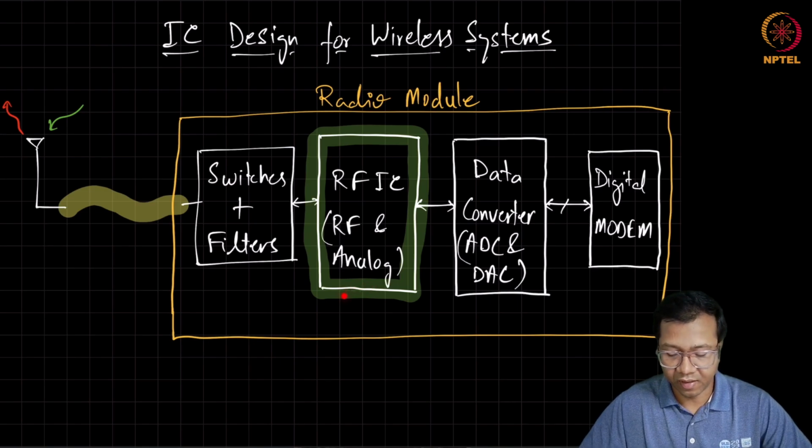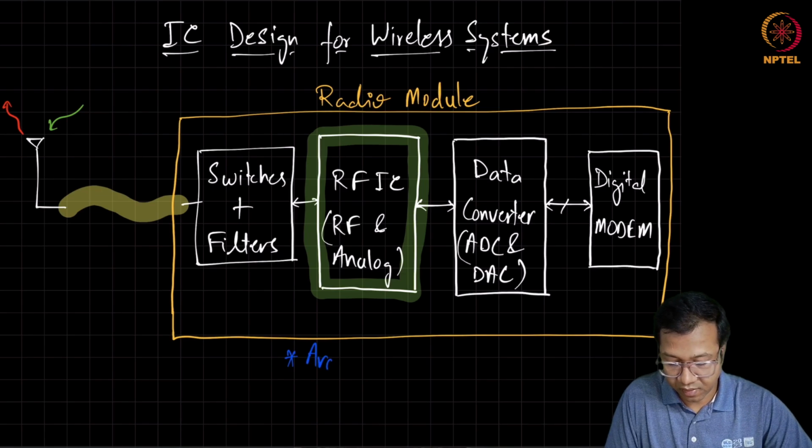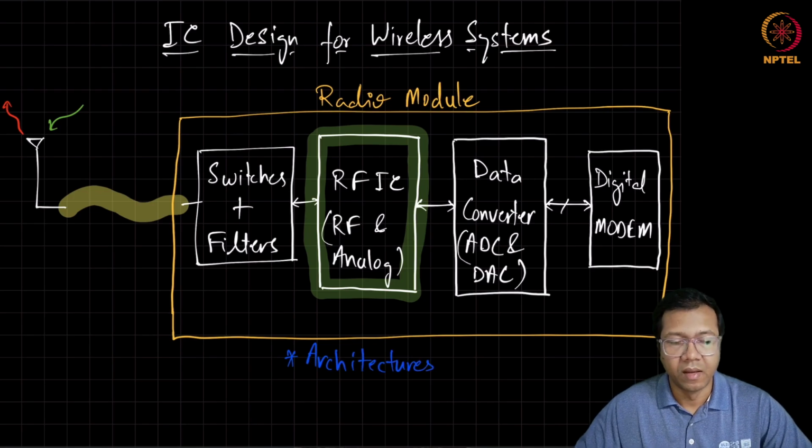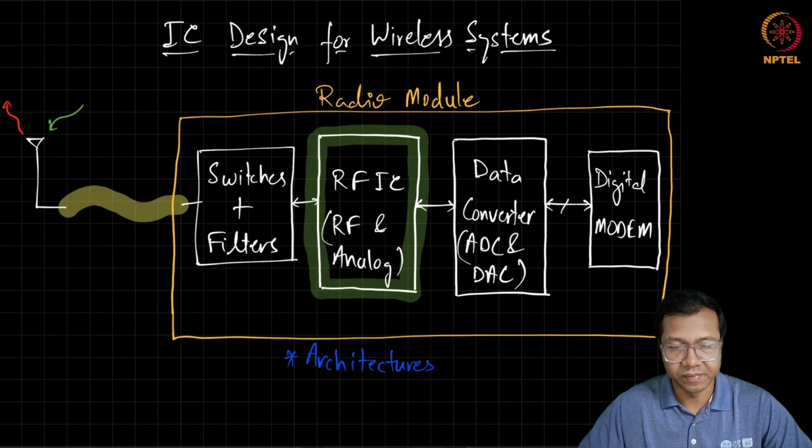It needs to generate as well as receive them. So we will understand the architectures which will generate and receive these high frequency signals. Okay, so this is how we are going to start the course.